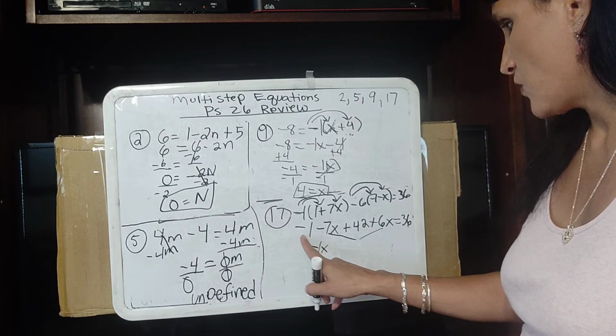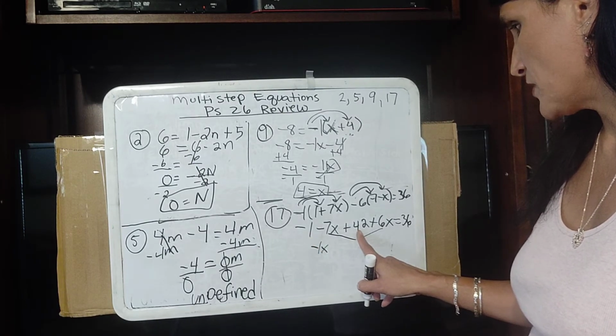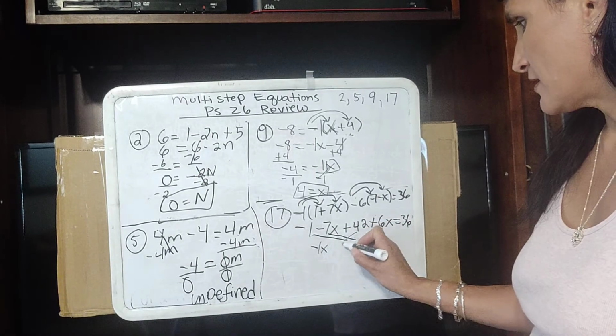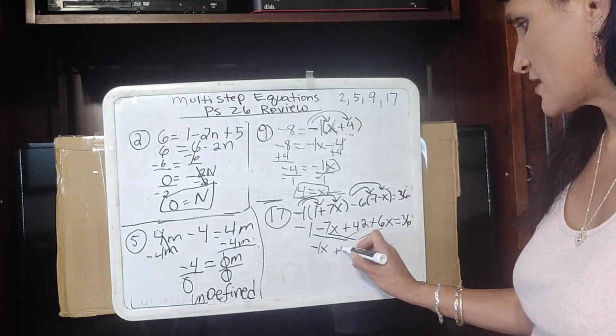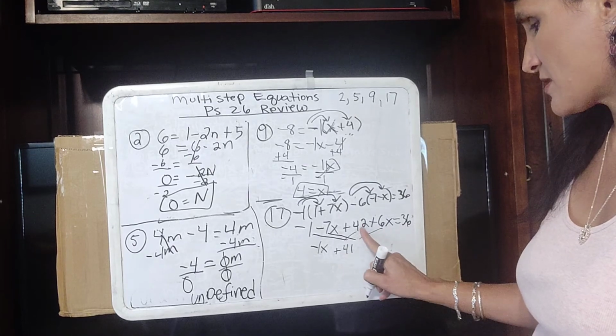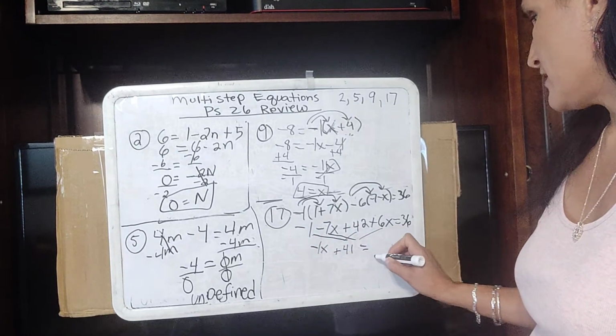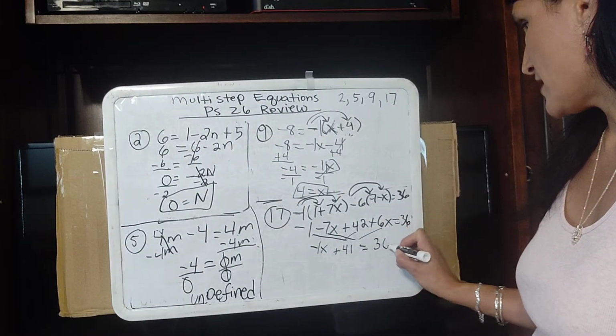Then you have negative 1 plus 42. So you're going to say 42 minus 1 is a positive 41. This is the bigger number, and you're going to subtract, so it's positive 41. Then you're going to bring down the 36.